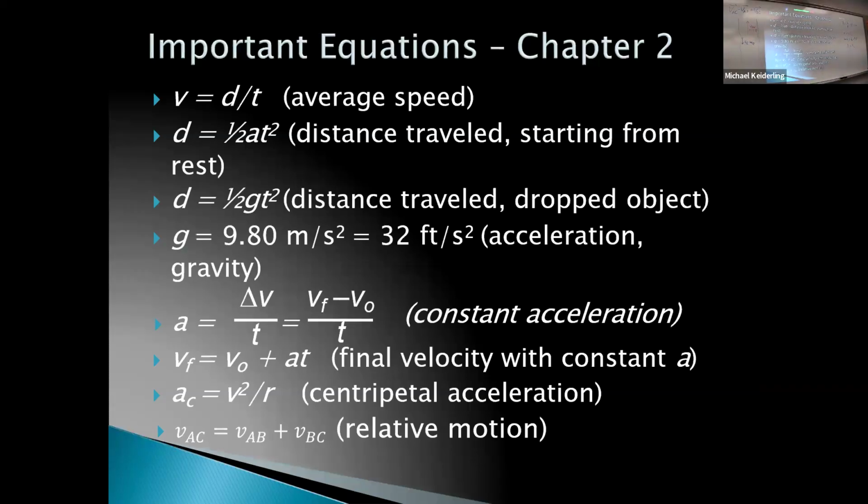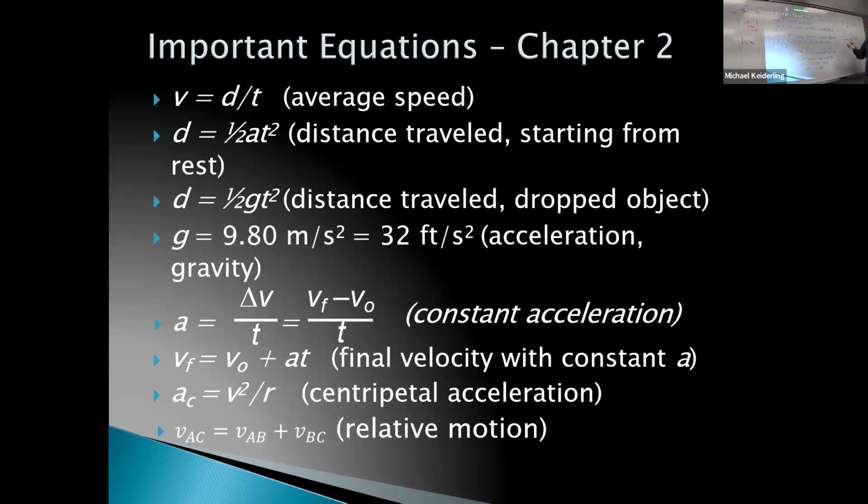So that's the end of the chapter. So here are some important equations. Average speed is distance over time. Also, average velocity is displacement over time. Distance traveled starting from rest is 1/2 acceleration times time squared.